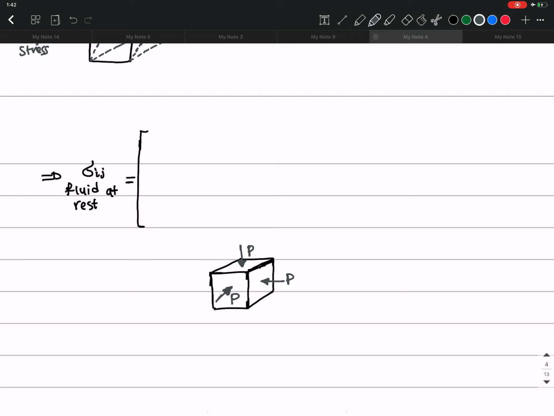So we will also have other pressure forces equal on the other side to keep this fluid in equilibrium. Okay.